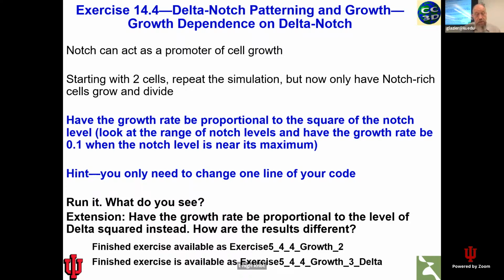Emma made the growth rate linearly proportional to notch. It's sort of interesting if you make the growth rate proportional to the square of the notch level, instead of linear with the notch. Since notch basically goes between 0 and 1, squaring it slows things down a little bit. But that's actually rather nice. And so you could play with different functional forms of dependence on delta and notch and see how the pattern changes.